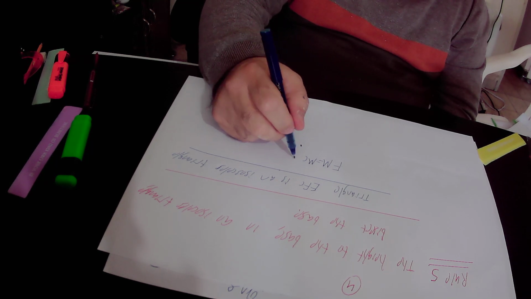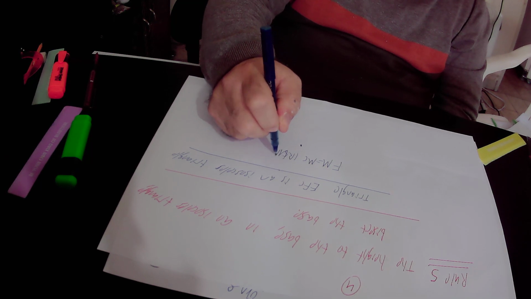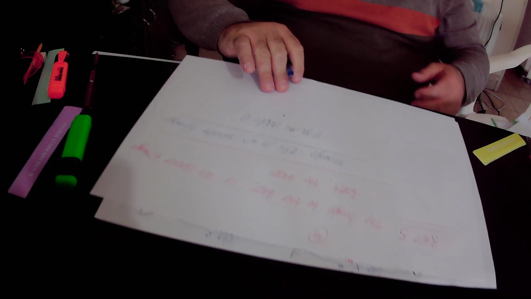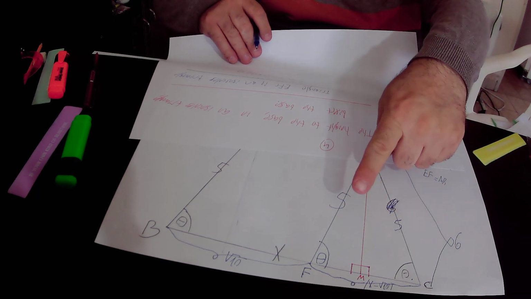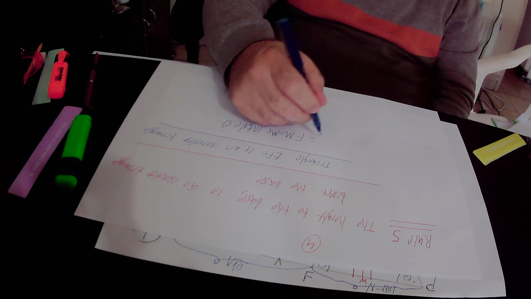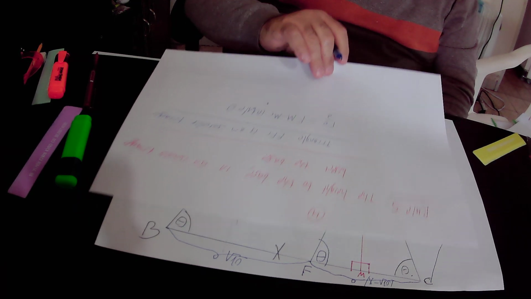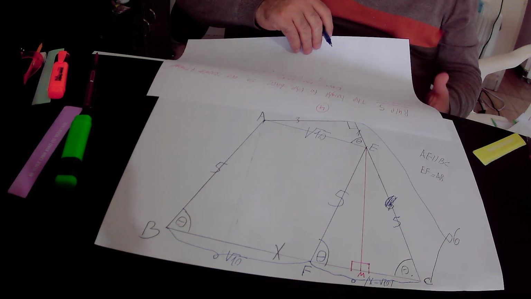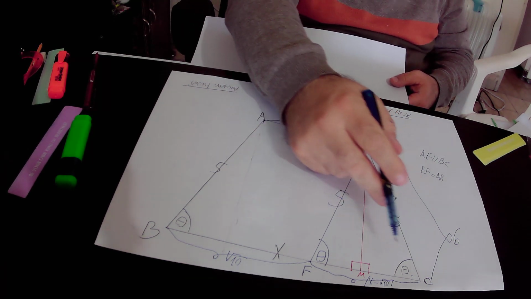According to rule number 5, FM equals MC, and actually it is equal to FC over 2 also, because according to rule number 5, the height EM divides the base FC into 2 equal parts.